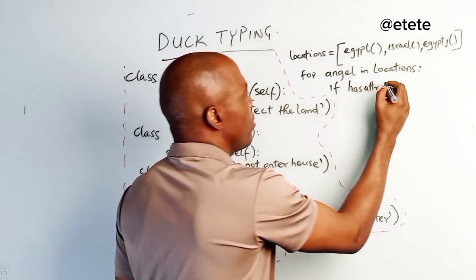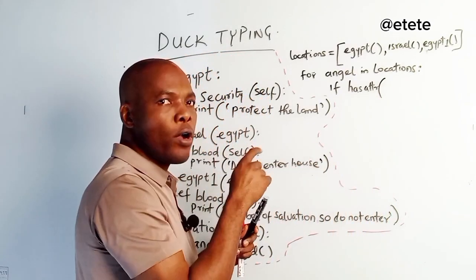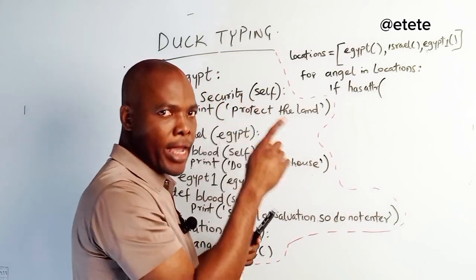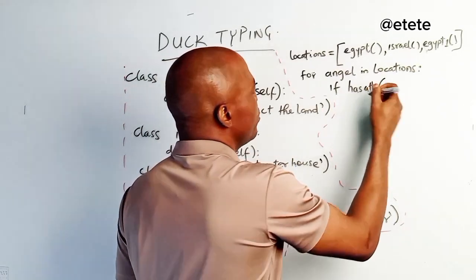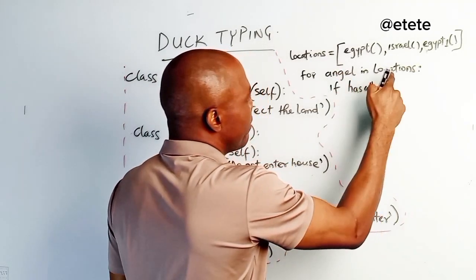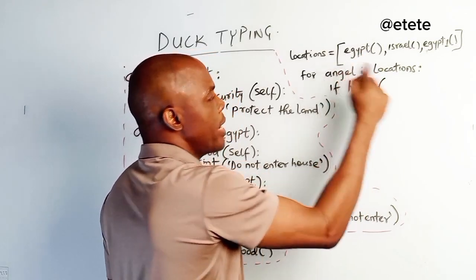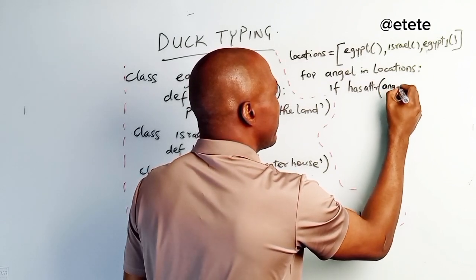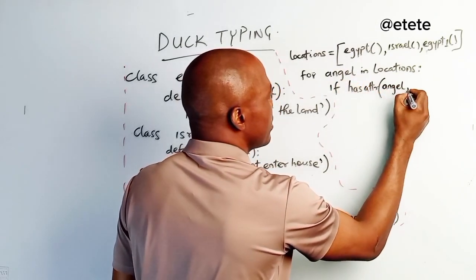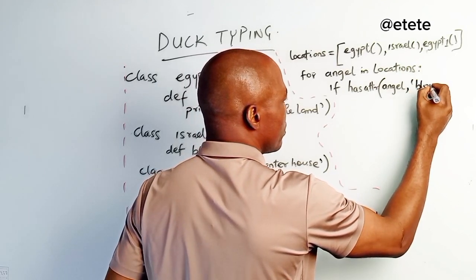What am I doing with this function? I am saying that before you access any class, check if that class has a blood method. Whatever I pick from here will be given to this angel, so hasattr angel, blood.